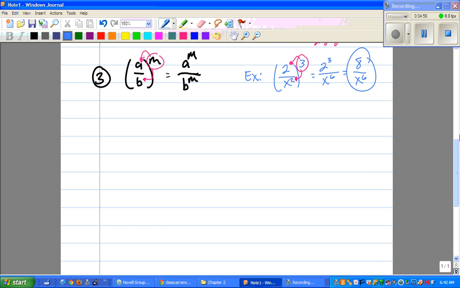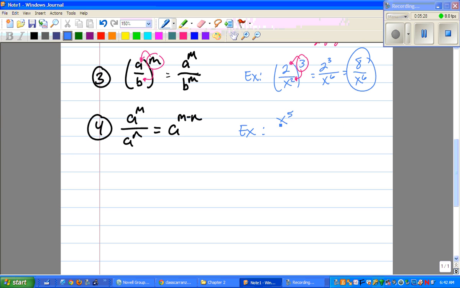All right, let's go through one more rule, and then we get to do some more practice. If you have a fraction with like bases, what you're going to do to those exponents is subtract them. The best way to look at this rule is through an example.